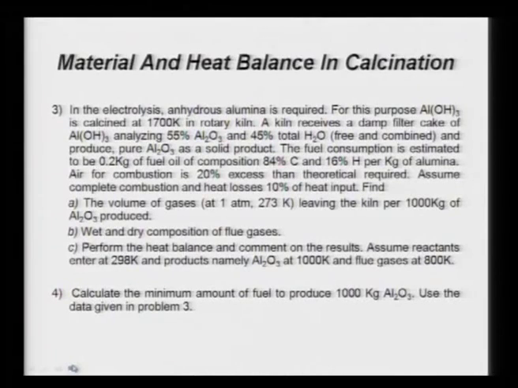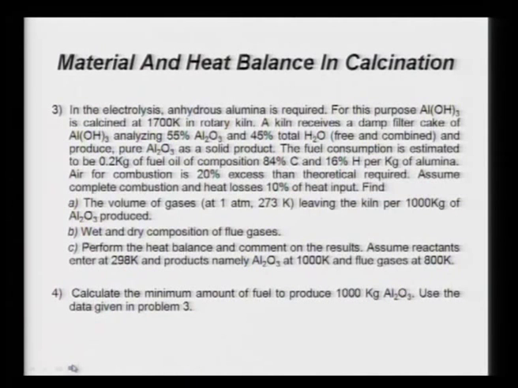Problem number 3: in the electrolysis, anhydrous alumina is required. Now, the concept of anhydrous alumina: bauxite after leaching gives you hydrous alumina, that is Al(OH)3. As such, electrolysis of Al(OH)3 is not possible because then only hydrogen will evolve.